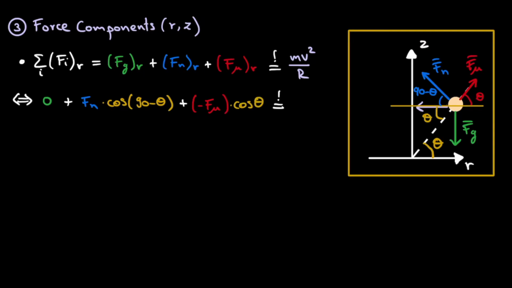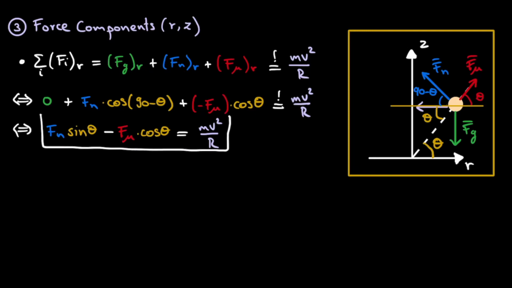And this of course has to be equal still to mv squared divided by capital R. Tidying this up, we get that the normal force times the sine of theta, which is the cosine of 90 degrees minus theta, minus the frictional force times the cosine of theta has to be equal to mv squared divided by capital R. And we already have our first equation down.